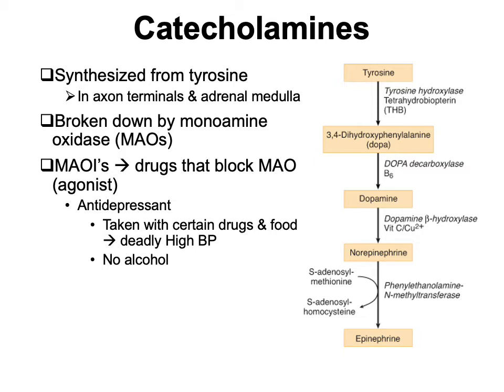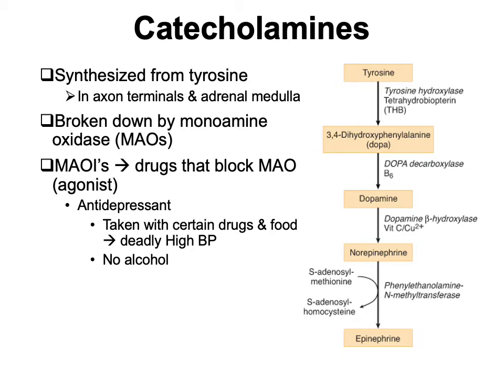Monoamine oxidase inhibitors are drugs that block the MAOs, so they will act as the catecholamine agonists, enhancing the effect of the neurotransmitter/hormone. These are antidepressants. They used to be prescribed widely when they were first discovered because they were very effective at improving the person's psychological well-being and mood.